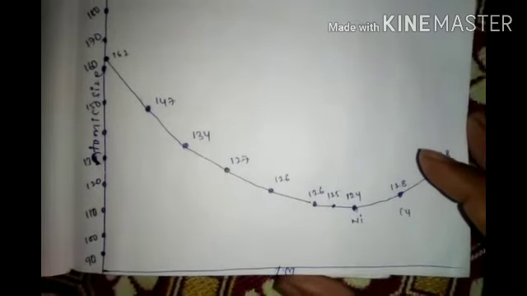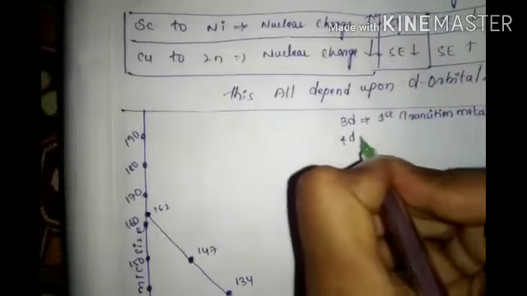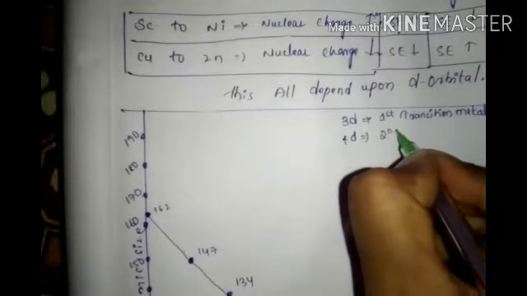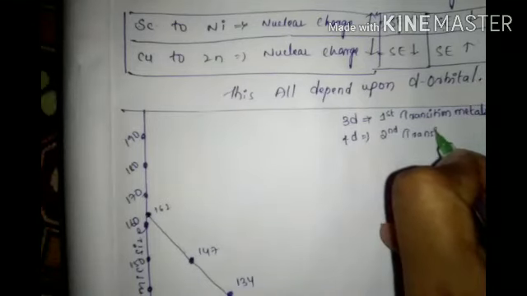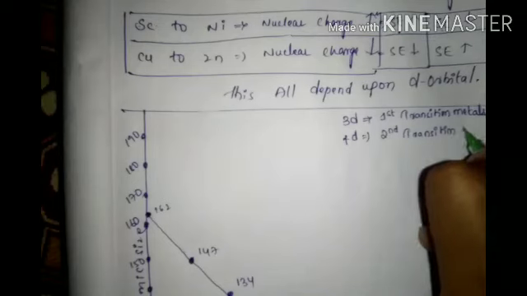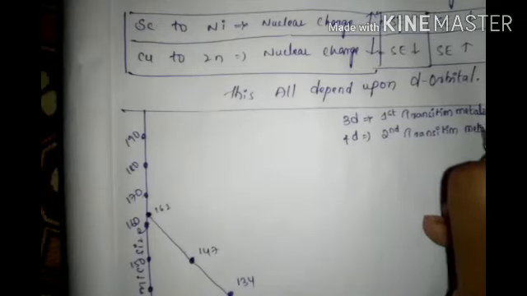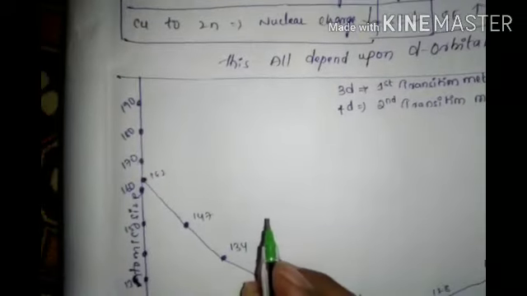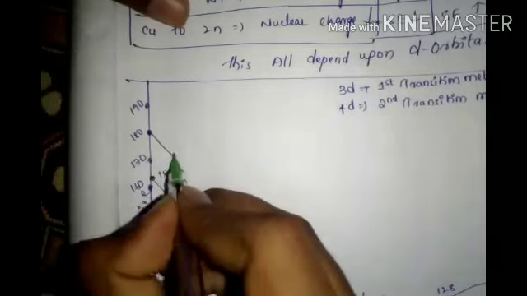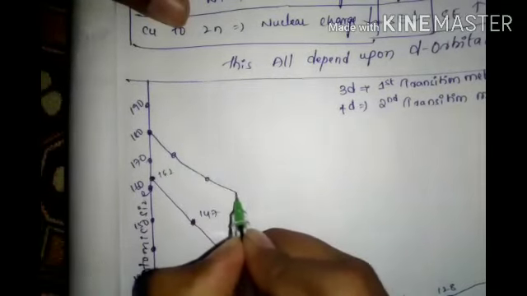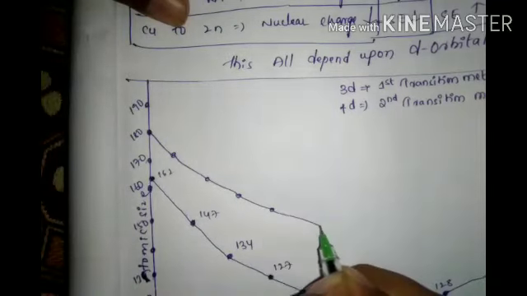Now next, the 4D series means second transition metals. It begins from 180 and ends at 154.